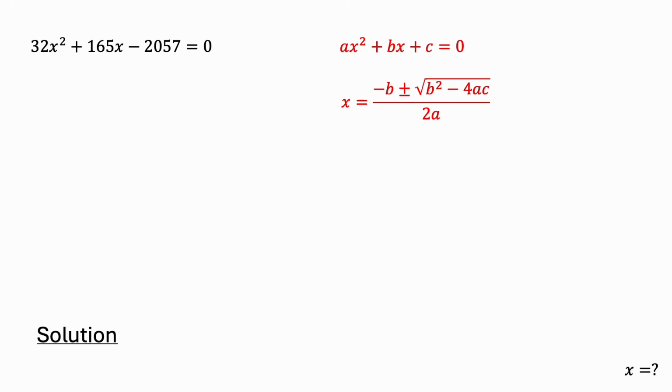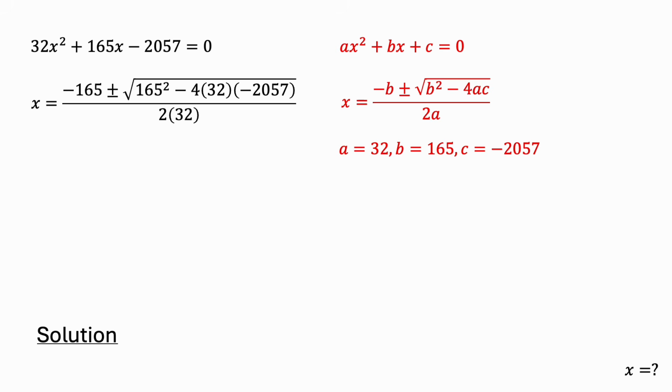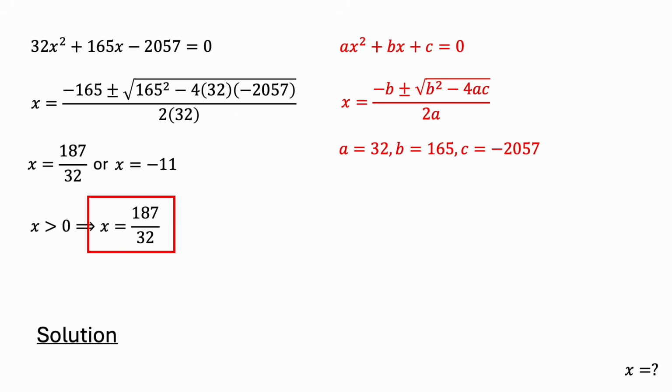Using the quadratic formula, with a equals 32, b equals 165, and c equals minus 2057, gives two possible solutions. x equals 187 over 32, or x equals minus 11. Since x is positive, we have x equals 187 over 32, which is the answer.